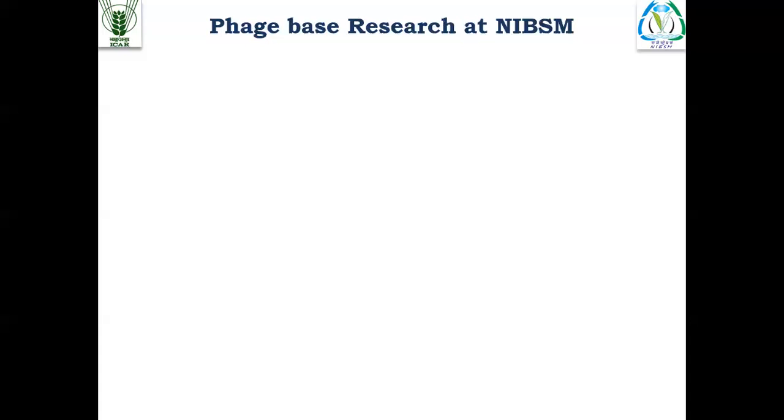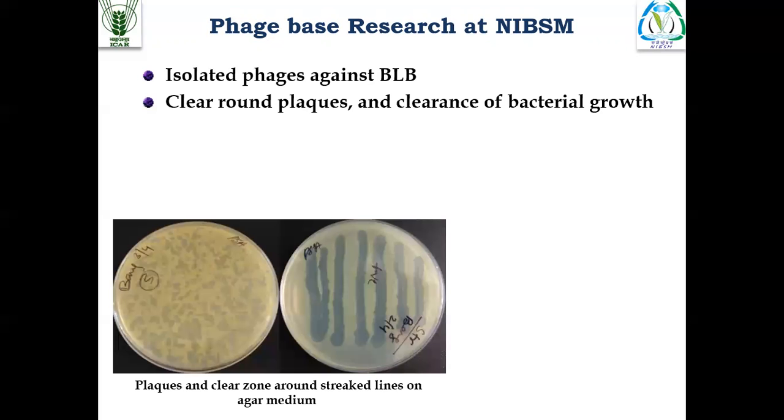To control the bacterial leaf blight infection of rice using an eco-friendly and effective method, a bacteriophage-based project was started in 2018 at the National Institute of Biotic Stress Management. In this project, we have isolated a few phages against the bacterial leaf blight pathogen Xanthomonas oryzae pathovar oryzae. The presence of phages was indicated by clear round plaques and clearance of bacterial growth around streak lines on bacterial culture medium.